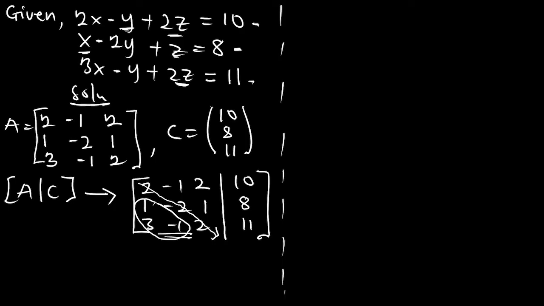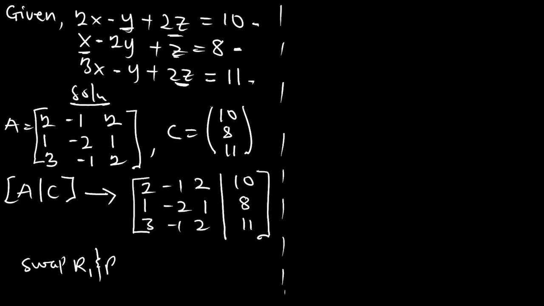So let me try and change that. Before I can do that, can I swap row 1 and row 2? Yes, you have to do anything to convert it to that. So my first approach is going to be, I want to swap row 1 and row 2.